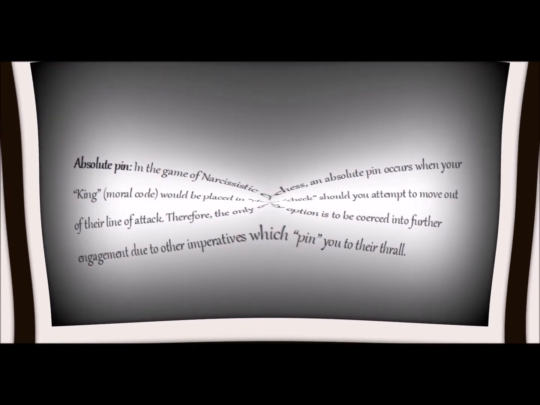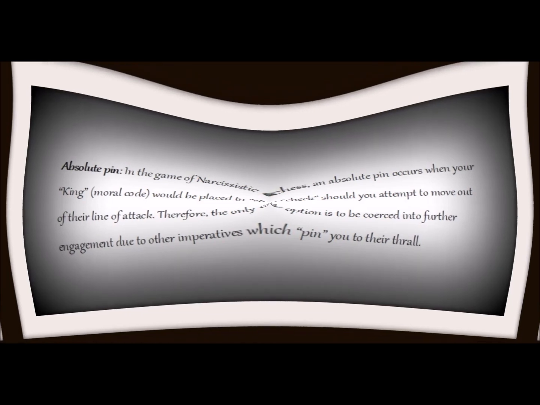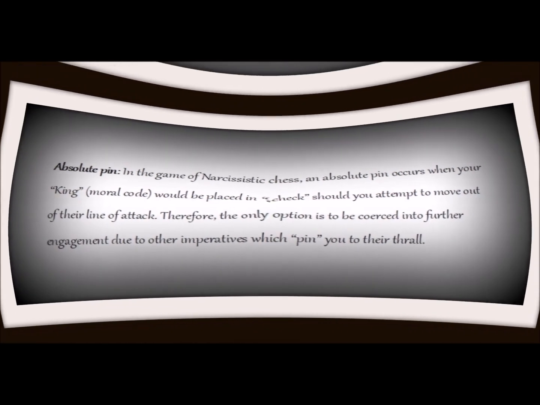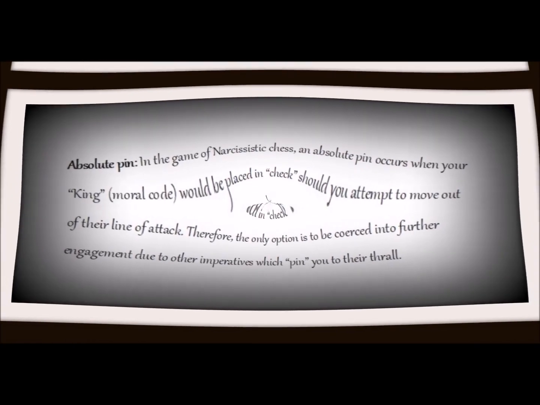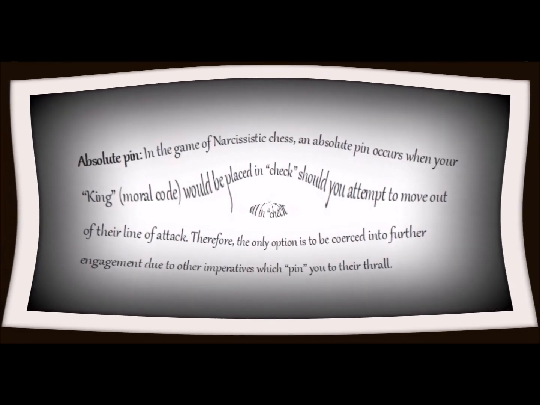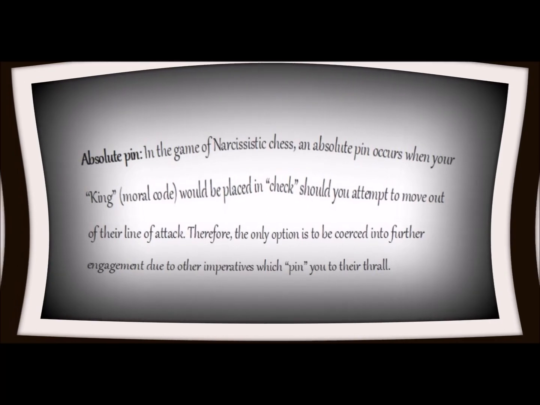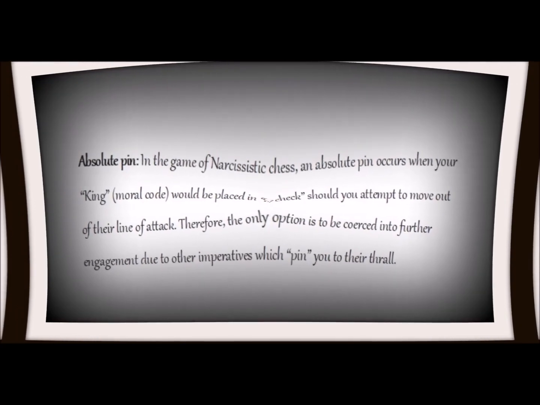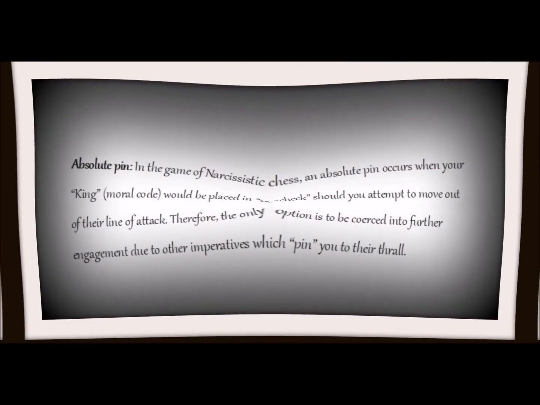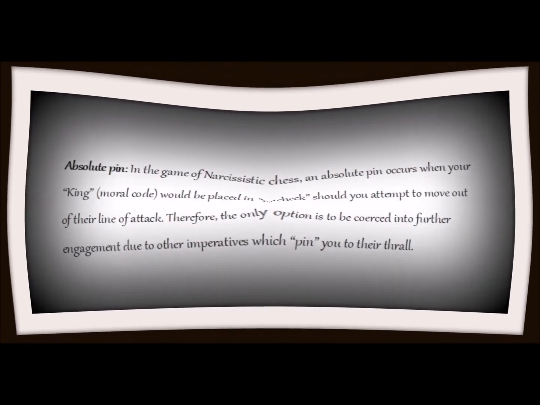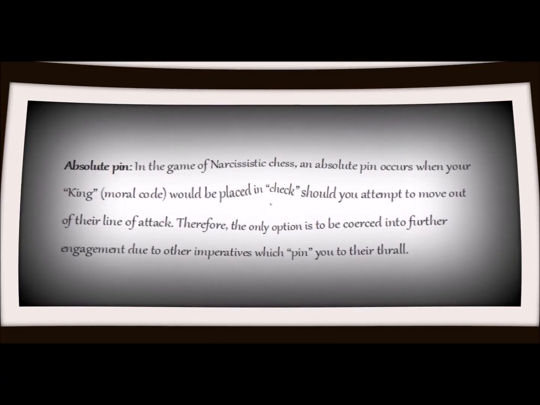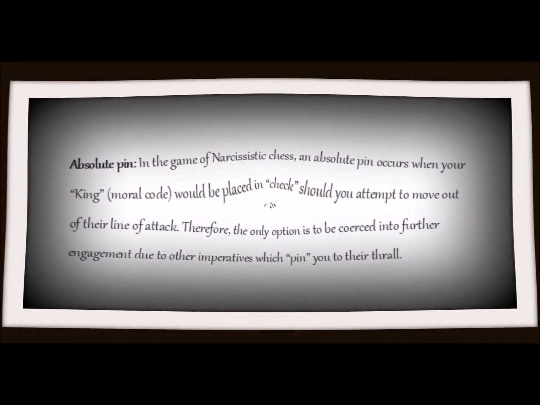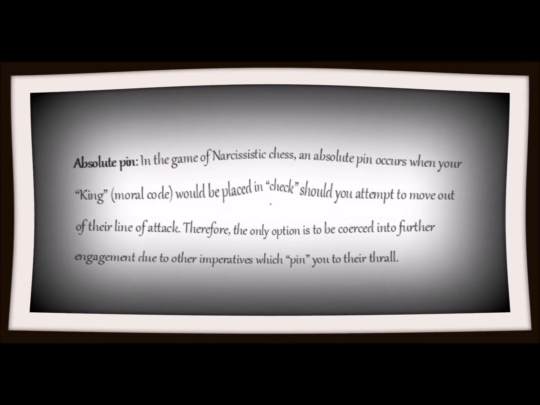Chess with the Devil, a schematic glossary of narcissism and sociopathy. Terms 5 and 6. Advanced pawn. In the game of narcissistic chess, if the opponent's pawn is on your side of the board, advance so that said pawn cannot become strong and limit your mobility.